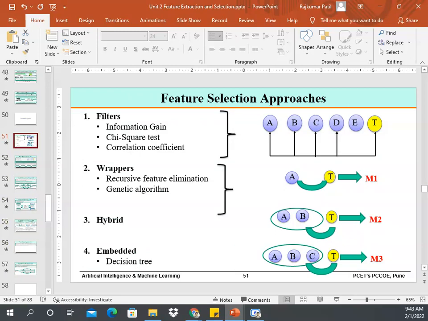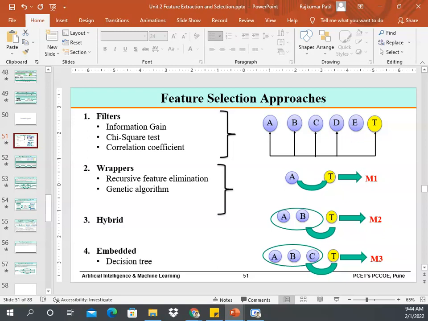Okay, so in this particular lecture, we discussed various feature selection approaches. In that, we talked about filters, where we try to find out the relationship of different variables with our model, and we select only those variables which have strong correlation with our model, and we eliminate the parameters which do not have any correlation with our model. Second, we saw the wrappers technique.